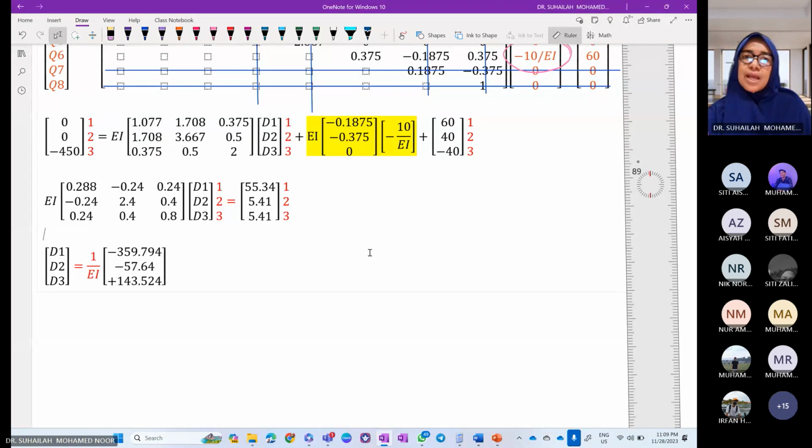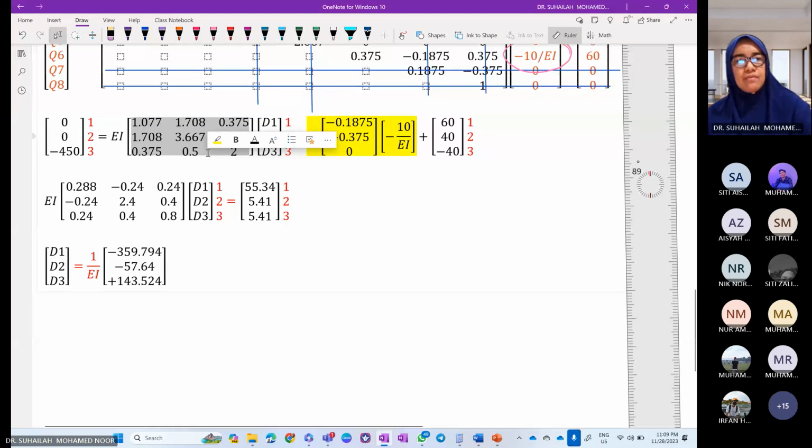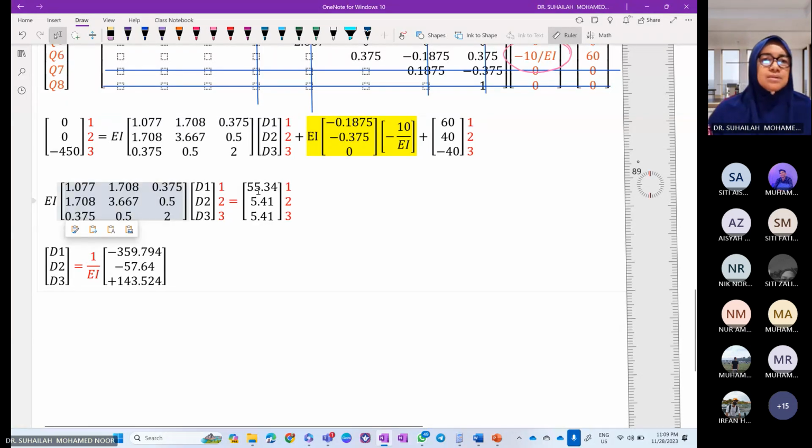So, additional ni, cuba calculate balik. This additional value come from support settlement. Okay, so dapat apa ni? Negative 0.1875, 1.875 kalikan dengan plus dengan 60. 61. Kan? Dia lah 61. Negatif 61.